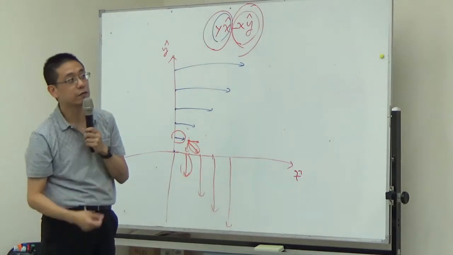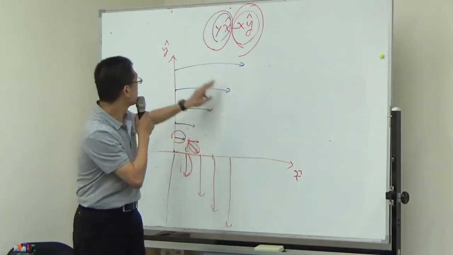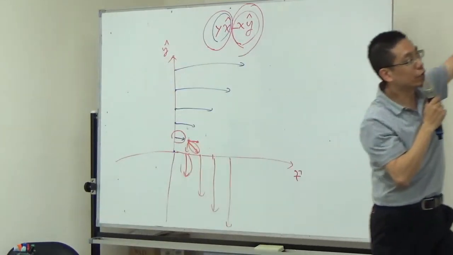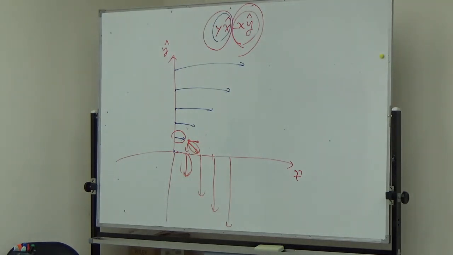You can see that? So this is the x, y plane. You look from the top, because you see that this is the direction of x and this is the direction of y.